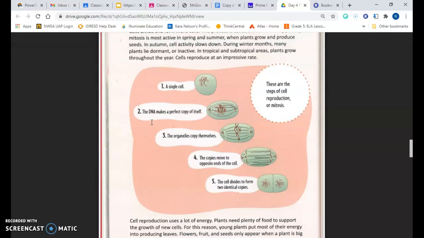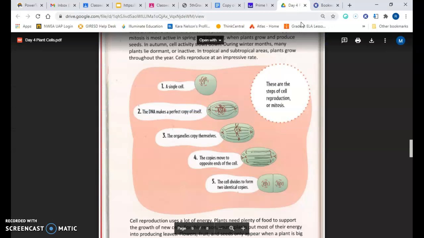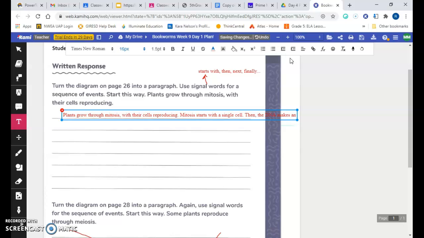So if I'm going to use a signal word again, I can say, then the DNA makes a perfect copy of itself. So then, comma, the DNA, all uppercase, makes a perfect copy of itself.